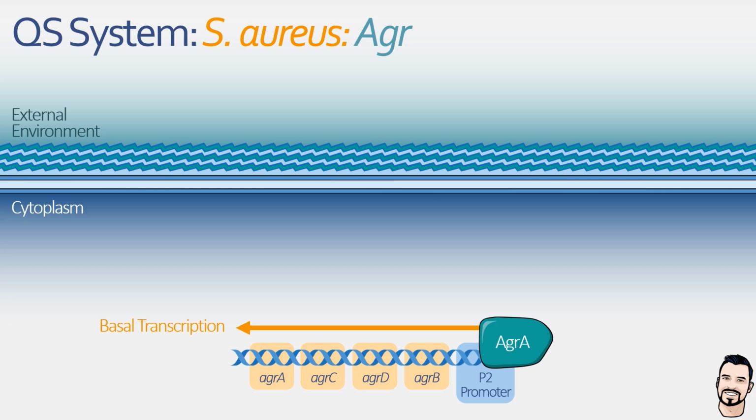Now, one key product of the AGR operon, which we have just seen in action, is actually AGRA, which is a transcription factor protein that helps to promote the production of many genes, including the AGR operon, as we can see here. Now, another product of the AGR operon is AGRB, a transmembrane channel protein that embeds itself in the cell envelope and has 2 main functions.